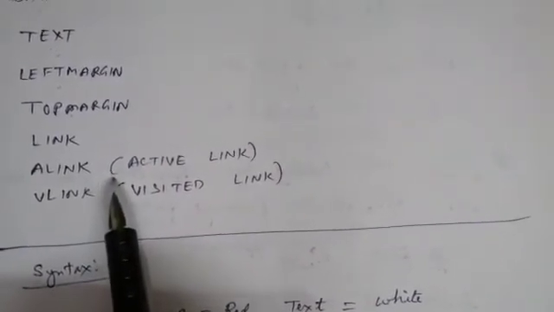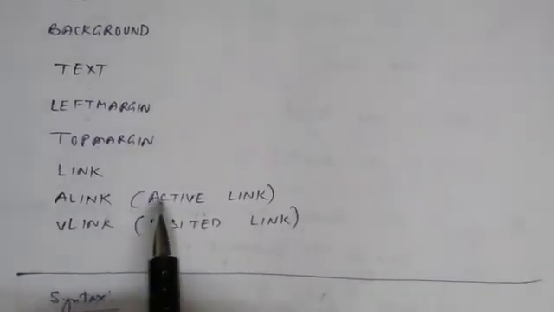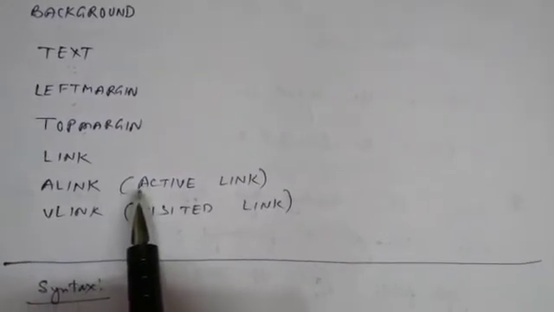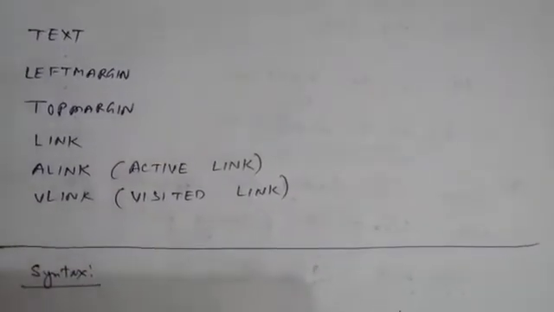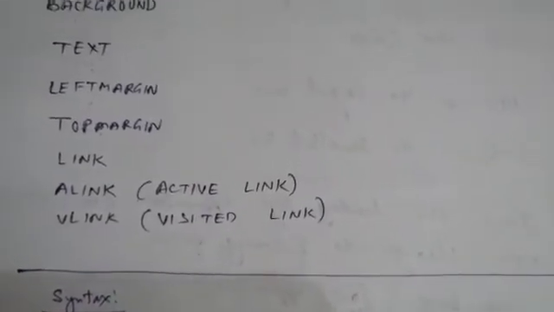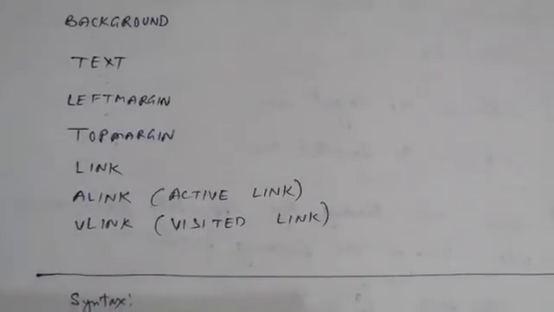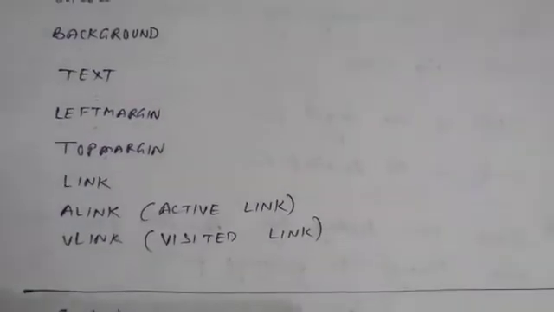Whenever you click, at that time it changes the color. Whatever color you give here, alink equal to that color, the link will become that color when you click on it.